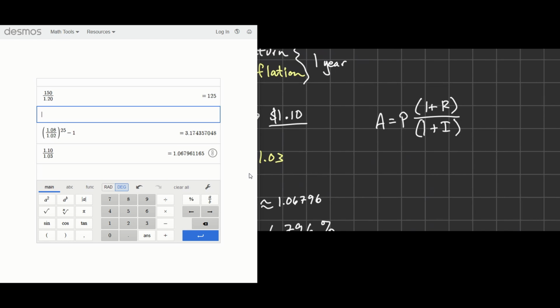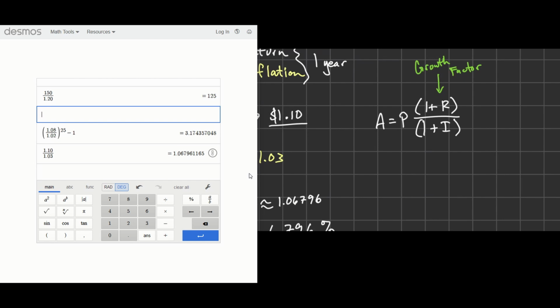So this guy right here is our actual growth factor. All right, the growth factor is what you multiply the principal by to figure out your final value. Normally the growth factor would just be 1 plus the rate, but in this case we have to divide by the 1 plus inflation to adjust for the purchasing power of the dollar or your monetary instrument of choice.